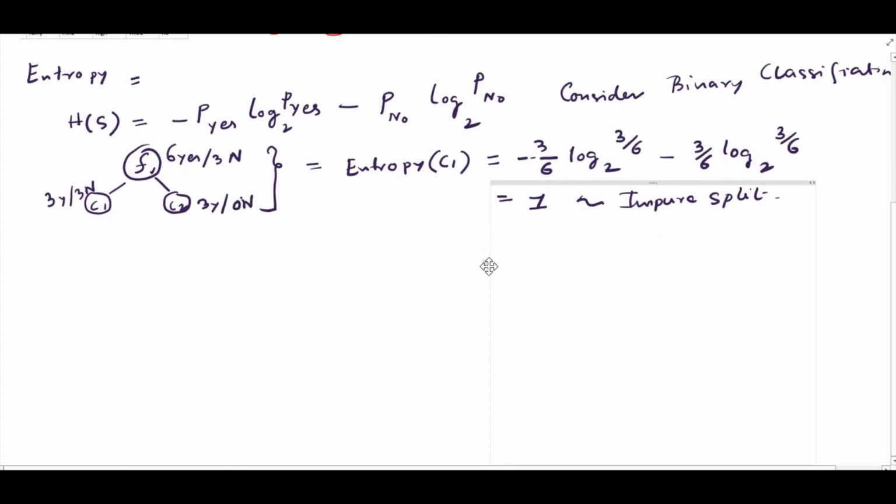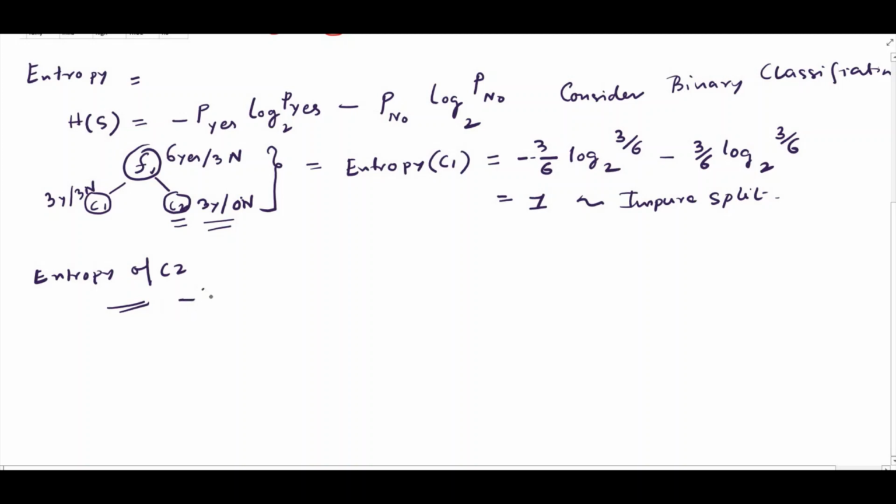Cool. Now we will consider the entropy of C2. Okay, first we calculated C1, now C2. Just by seeing, I can see this is a pure split, so the expectation is I will get the value 0, but let's put it into the formula.